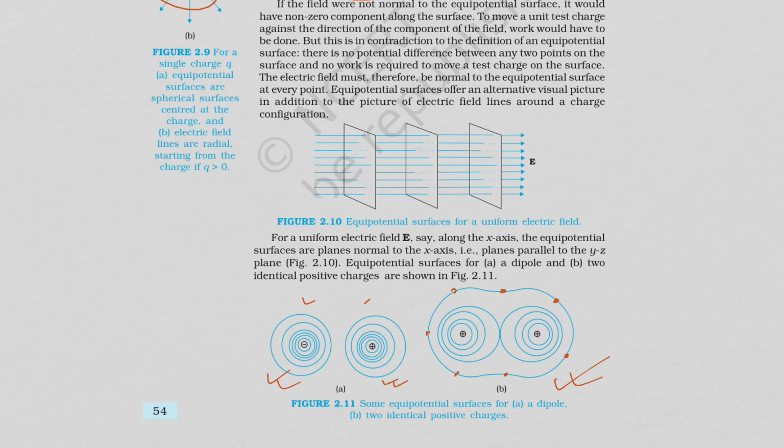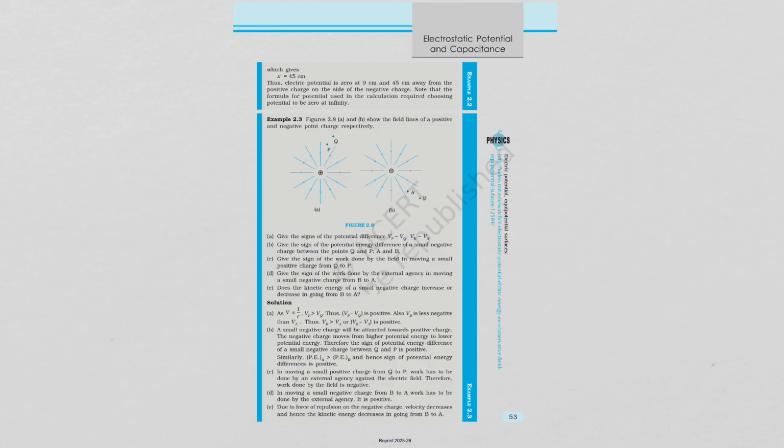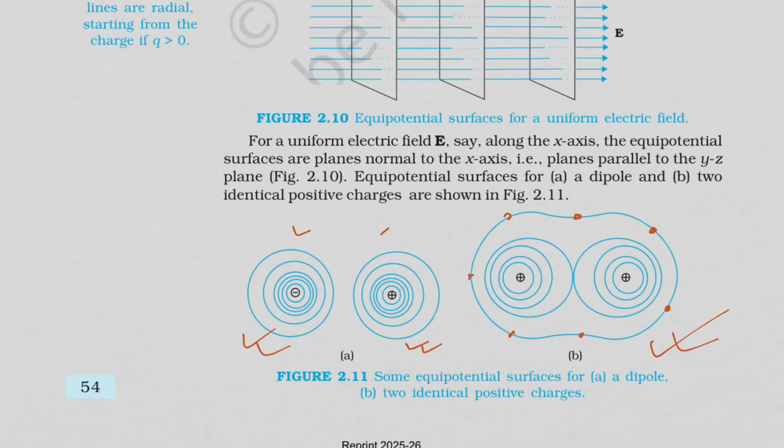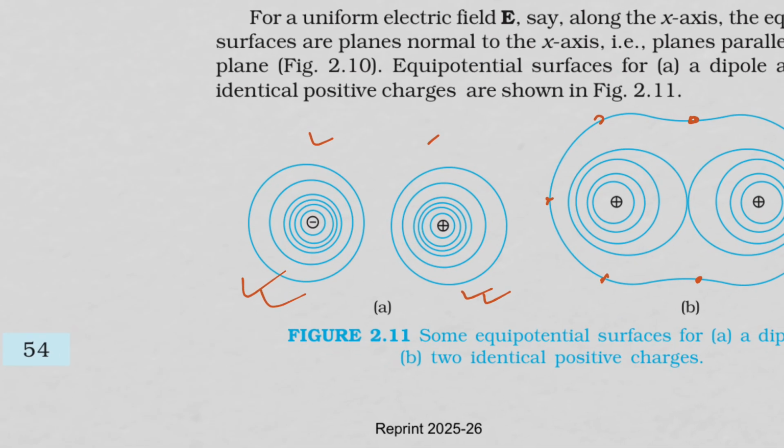But as you can see closely, on one side there is more space, and on the other side less space. The same when we go to the positive charge: here the space is less, and on this side the space is more. So you have to keep this in mind.